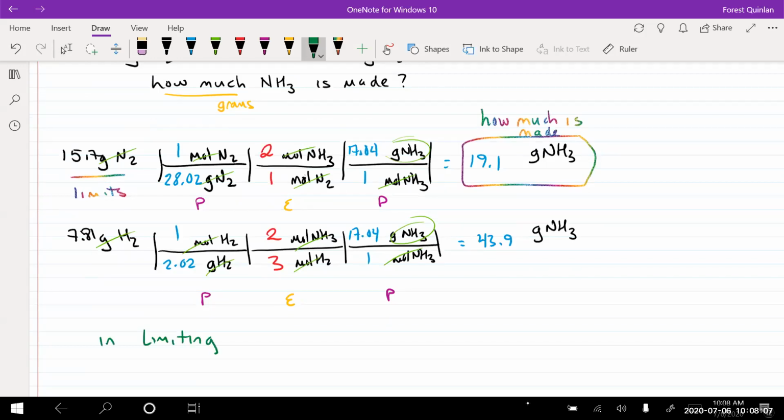In limiting reactant problems, just do the problem twice, or do the problem with each reactant separately.